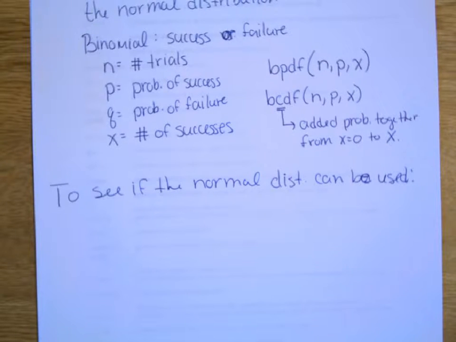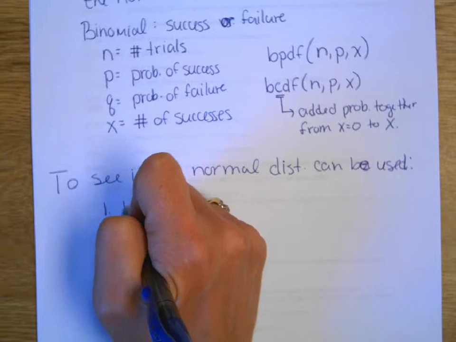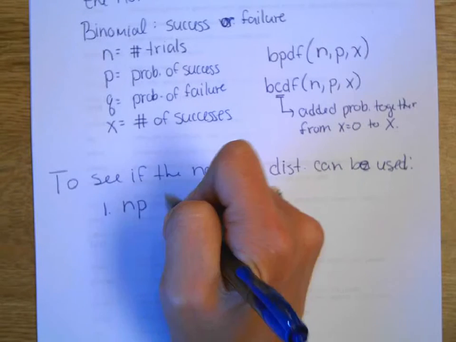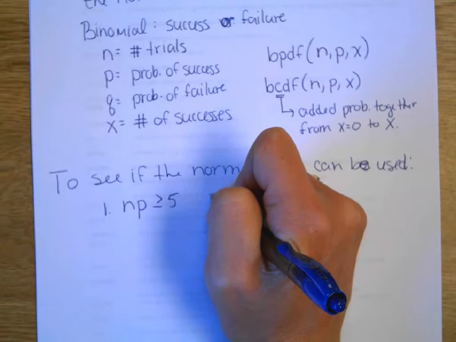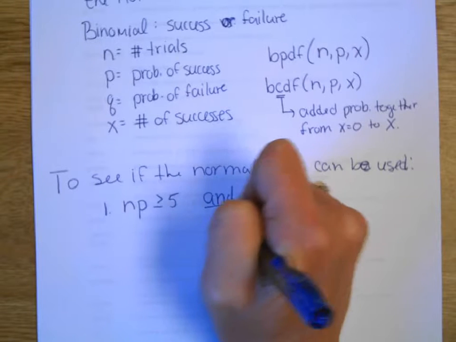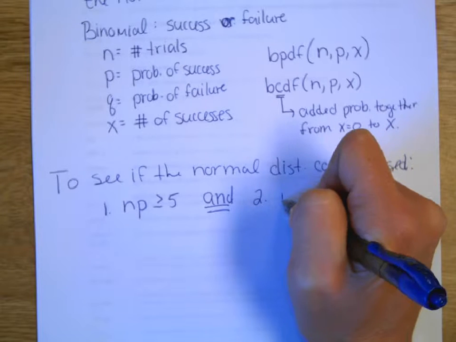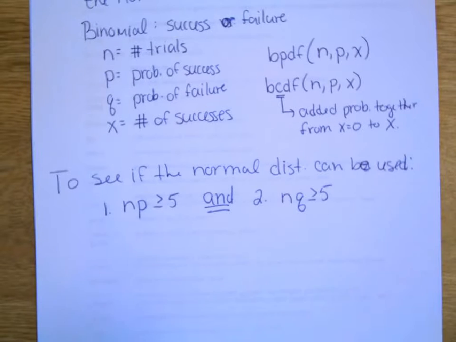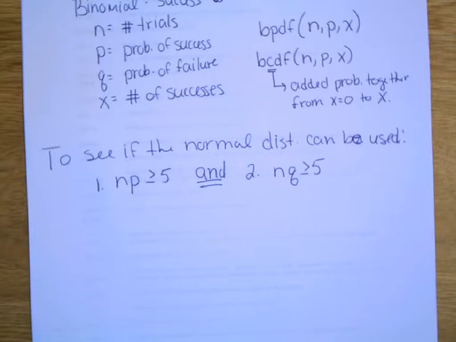Yeah, it would be nice if it was the magic number 30, but it's not. Your number of trials times your probability of success has to be greater than or equal to 5. And the number of trials times the probability of failure also has to be greater than or equal to 5. This is just a check to see if we can do the normal instead of the binomial.